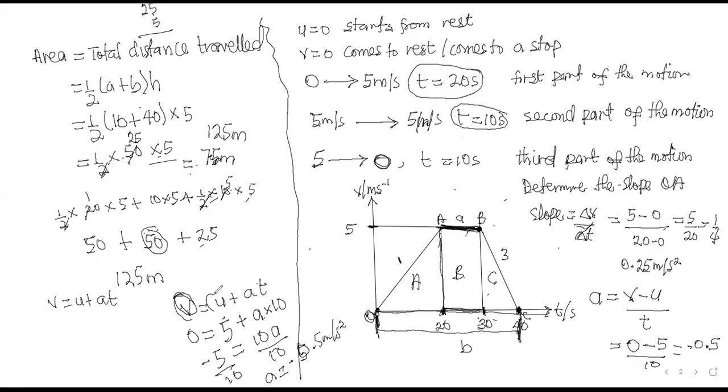V is final, U is initial, and A is acceleration. If you get a positive value for the acceleration, the body was accelerating, meaning the speed was increasing with time. If you get a negative value, it's decelerating, meaning the body's speed was decreasing with time.